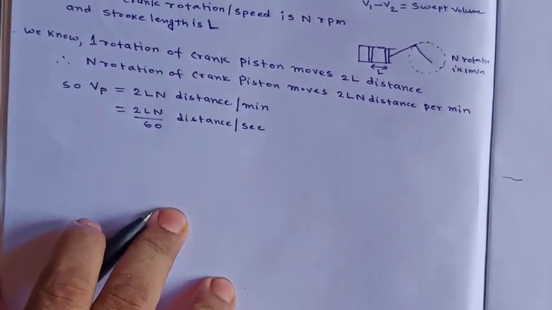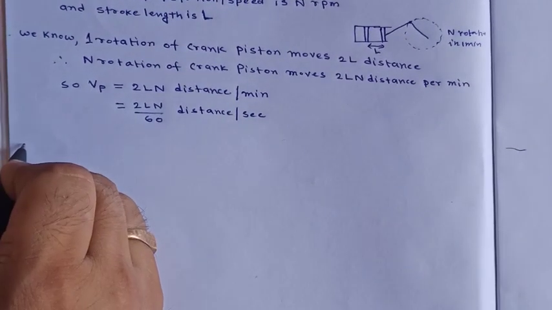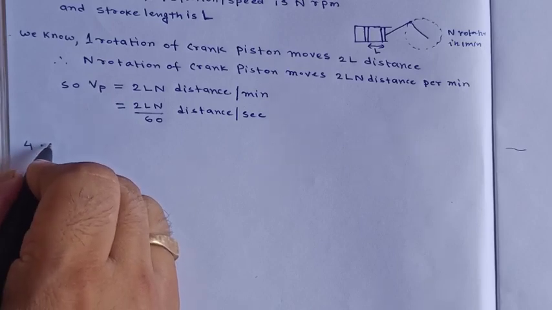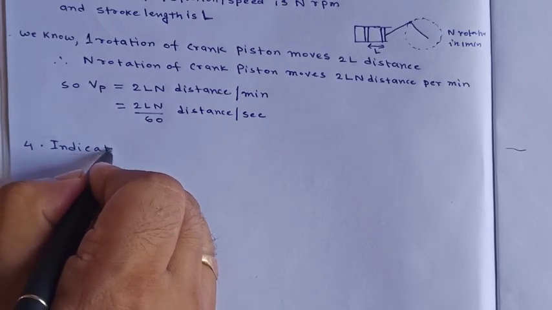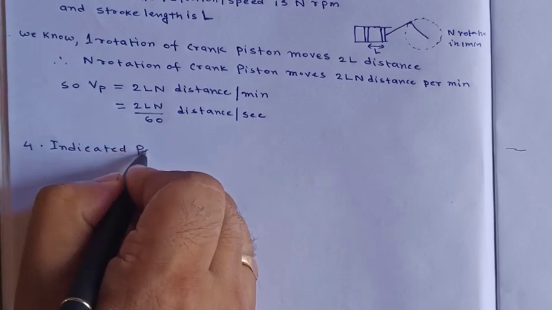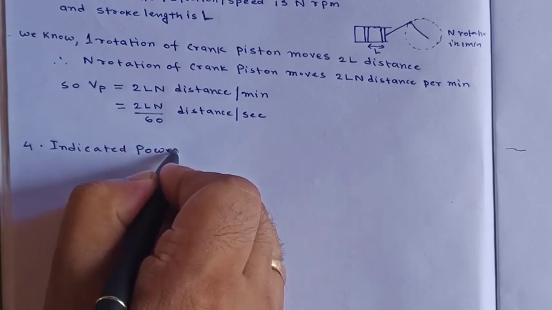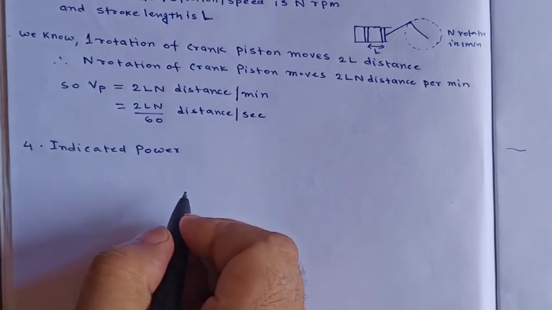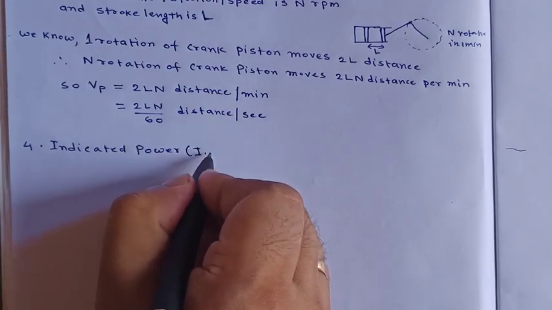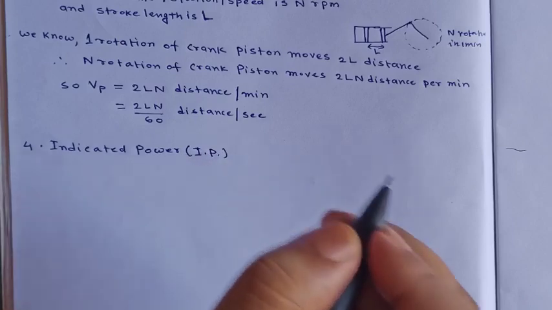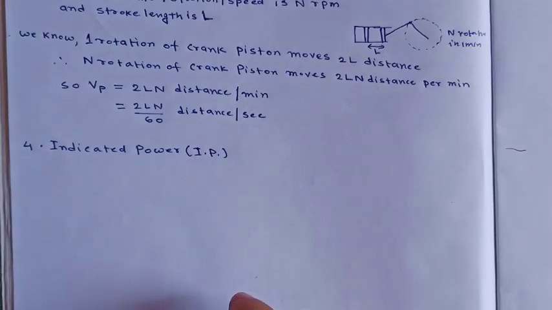Now I am going for indicated power. What is indicated power? It is denoted by IP. This is IP, indicated power.